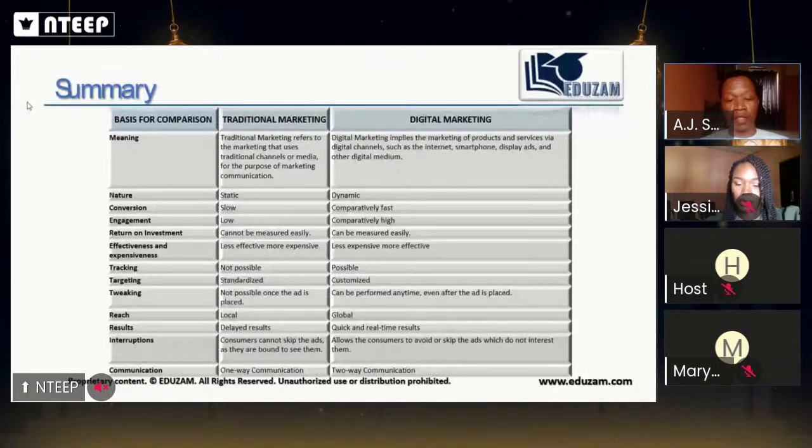Traditional marketing refers to the marketing that uses traditional channels or media for the purpose of marketing and communication. And digital marketing implies or refers to the marketing of products and services via digital channels, as I said earlier, such as the internet, smartphones, display ads, and other digital mediums.